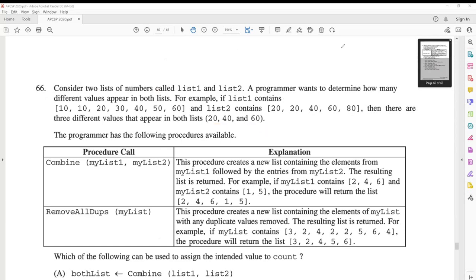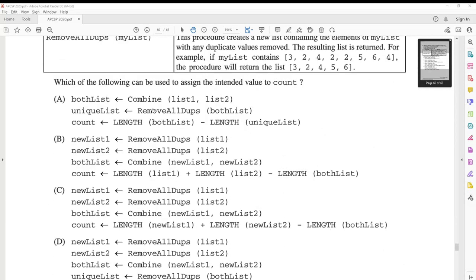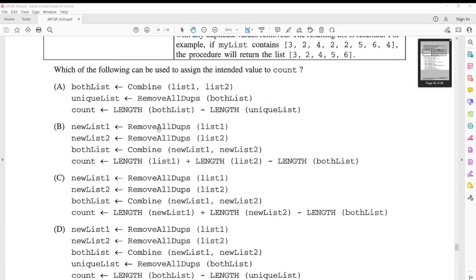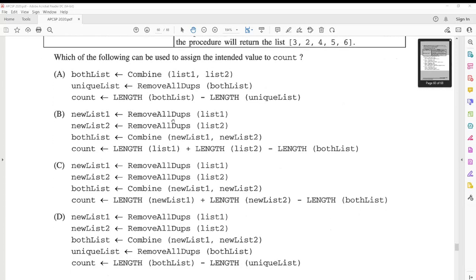So let's look at it. First one, you have both of them, you remove the duplicates, but some of them may duplicate, so it doesn't give you the right number. B, you remove duplicates. C, this one removes duplicates, and then you combine both and remove duplicates. So this one is the answer.